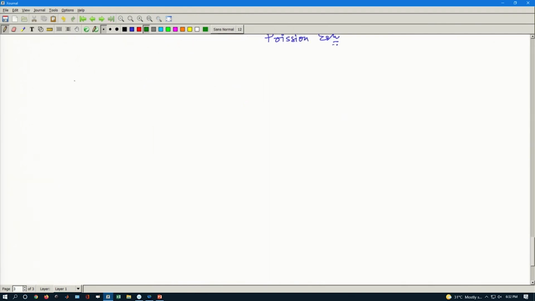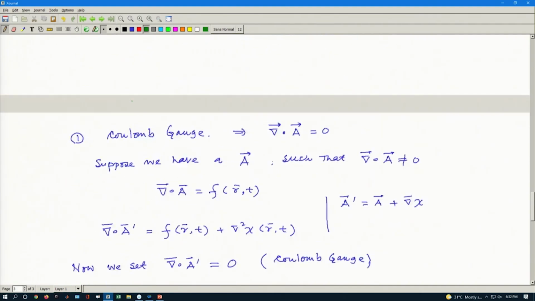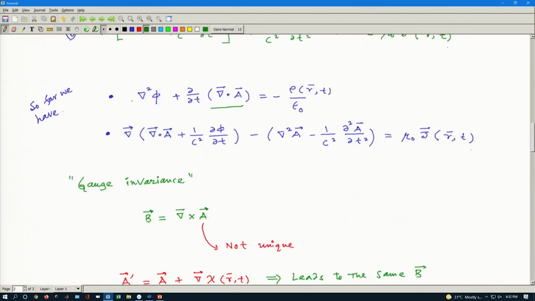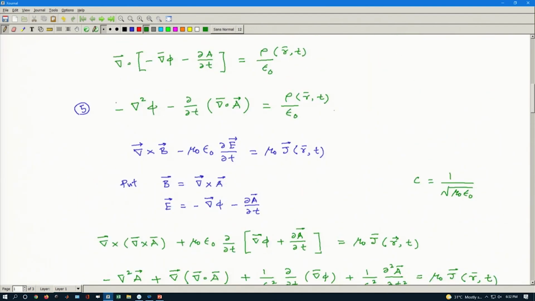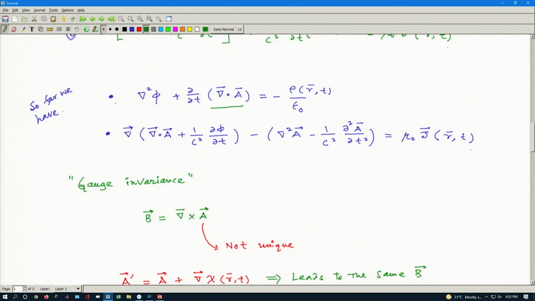So, under Coulomb gauge, whatever equation we had, let me put a name here, equation 5 and 6. So this is equation 5 and this is equation 6.